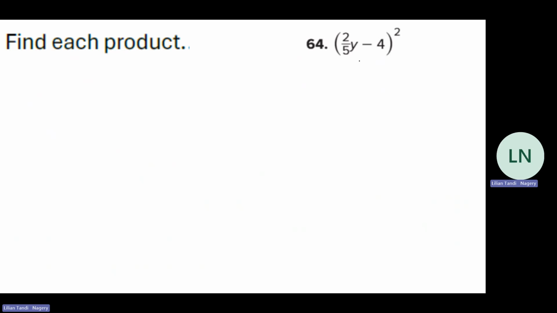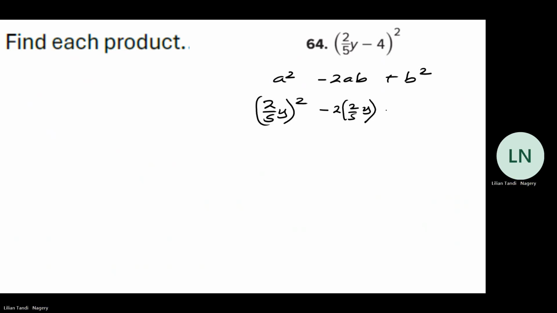So we do the same thing here. We use Kanun, a squared minus 2ab plus b squared. A squared is 2/5 y squared, minus 2/5 y times 4, plus 4 squared.